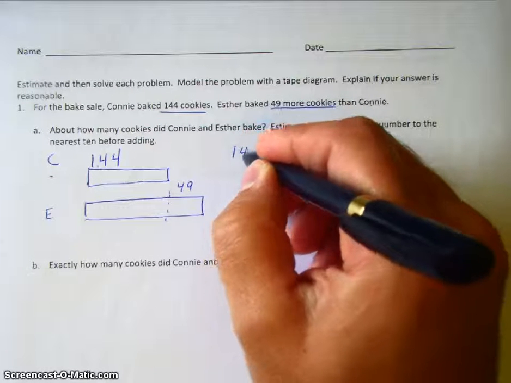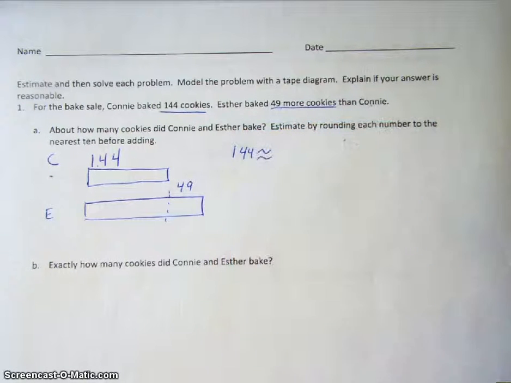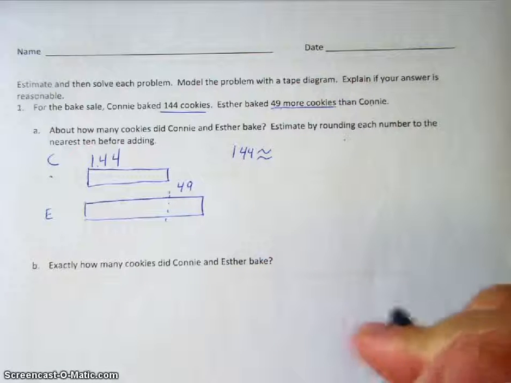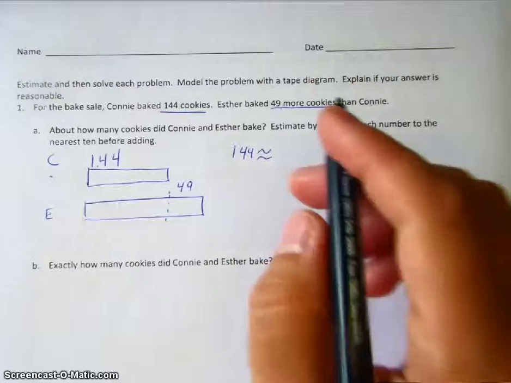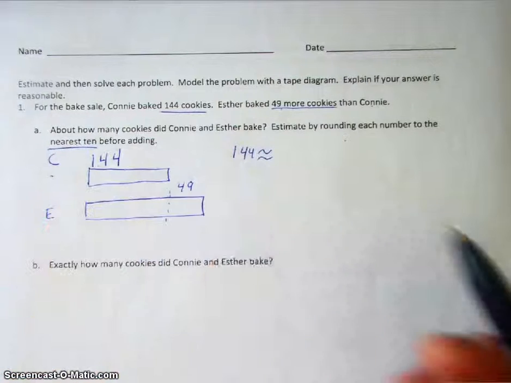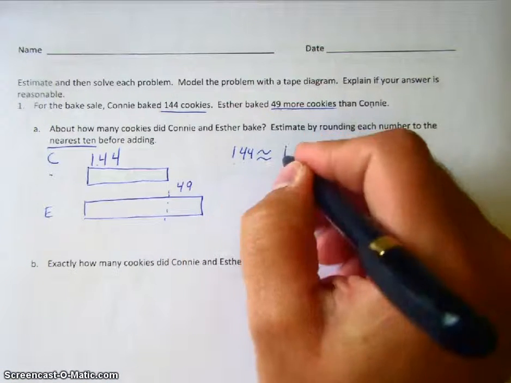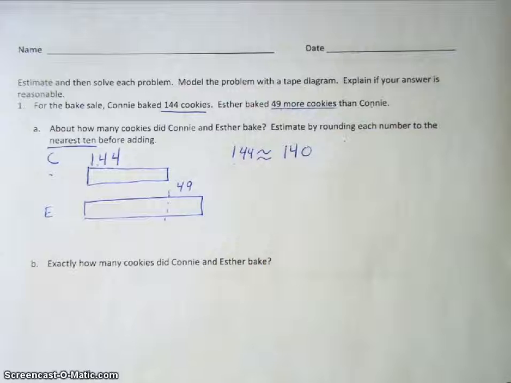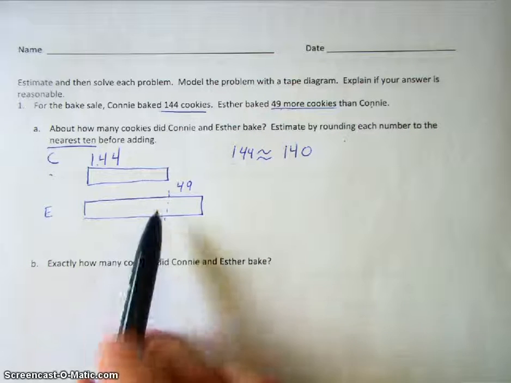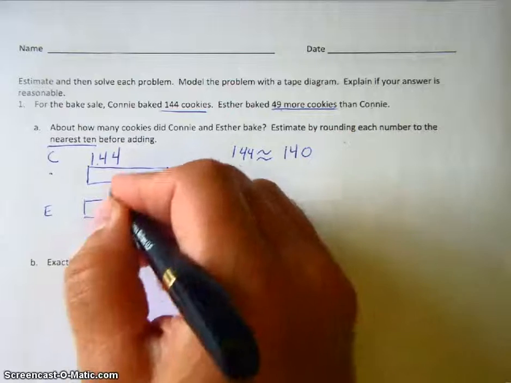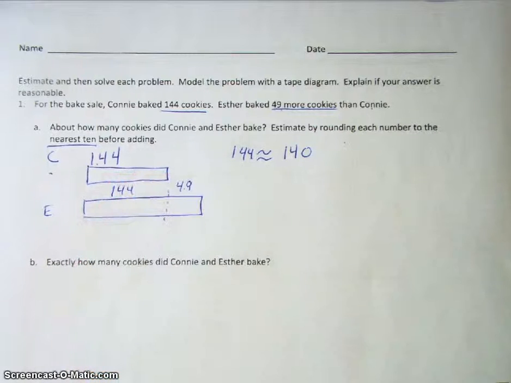So Connie first, okay, she has 144. So we're going to round this to the nearest 10. Okay, that's what it says right in the question. So we have 14 tens. We have a 4 in the ones place, so we're going to round down to 140. Okay. Now Esther's a little bit different here because we have 144 plus the 49.